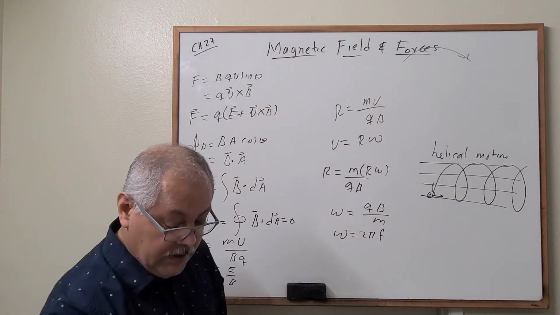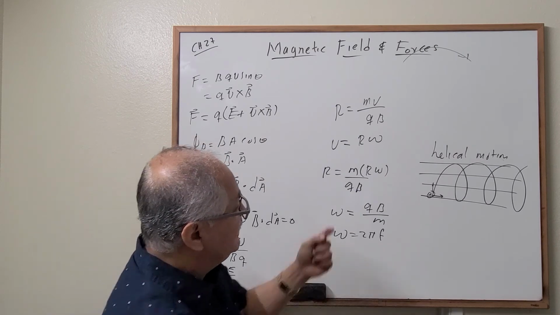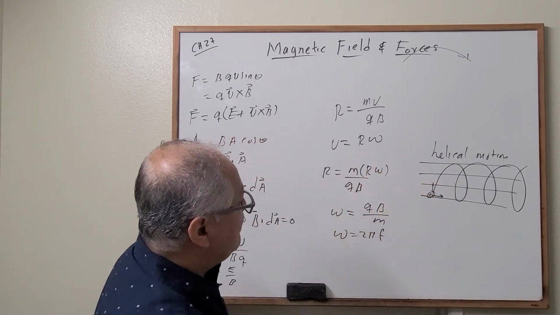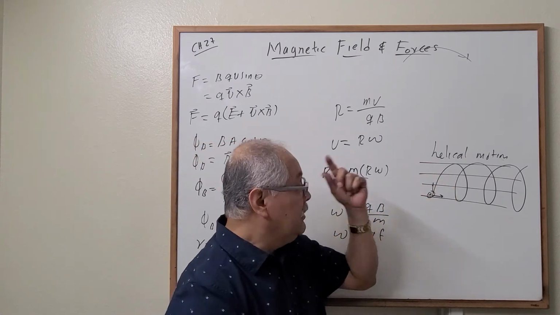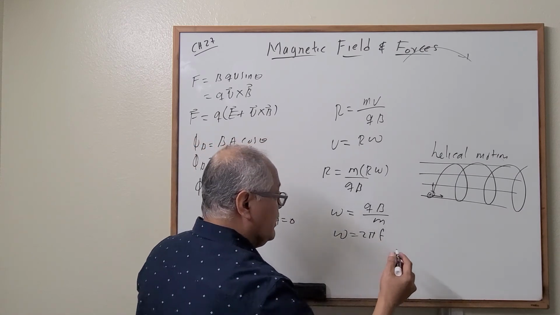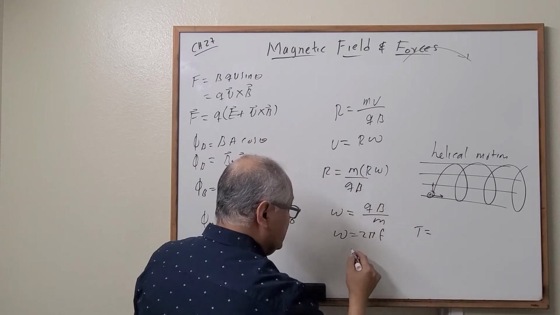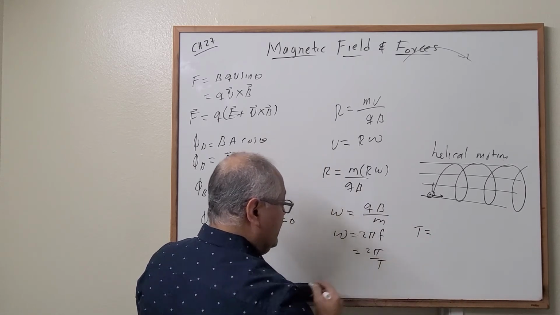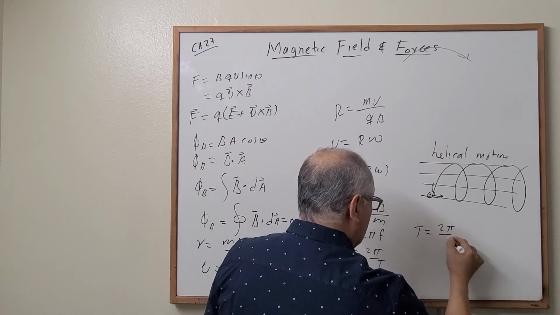Also, from here we can find the period, when we have a particle moving in a circular path along this magnetic field. How to find the period? Remember, omega is equal to 2 pi over the period, so the period is equal to 2 pi over omega.